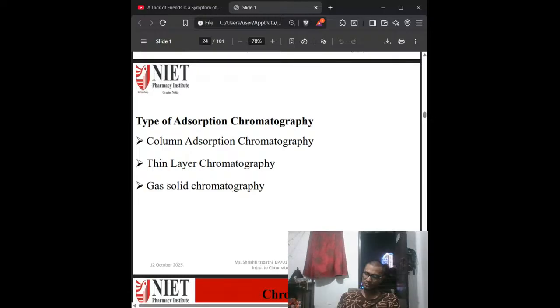Types of adsorption chromatography and partition chromatography.